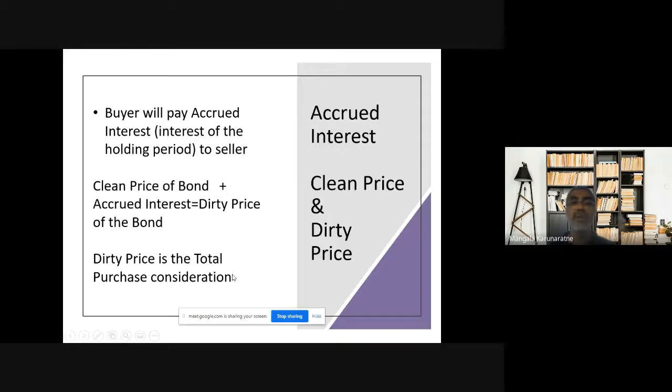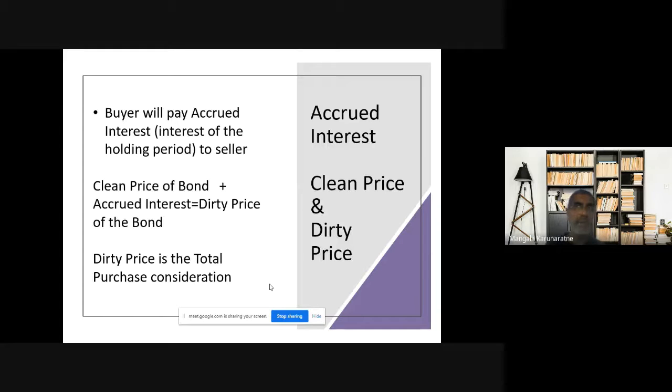So the buyer will have to pay accrued interest. Why does the buyer have to pay accrued interest? Because this interest he will be getting in his next coupon receivable. When he receives the next coupon, he will be getting this interest also inside that coupon.